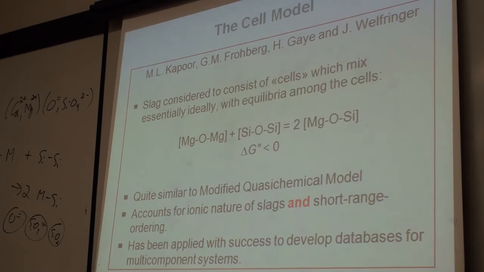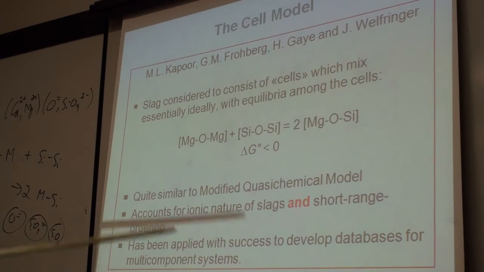There's a third model which you'll come across. It's called the cell model, or the Kapur-Froberg-Gaye-Weill model, also called the Gaye model, the Froberg model, the Kapur-Froberg model. It's also called the IRSID model, IRSID being the steel research center in France, and they've developed a database using this, which tends to be in the Thermodata system.